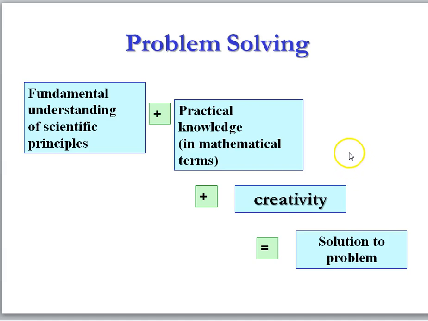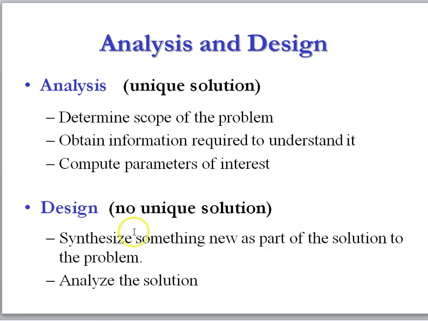If we know what we want to create, we know the science behind it, we know the circuit theories, then we can use some creativity to design models. So the difference between analysis and design, although this is an analysis course, we will do some simple design work as well. But analysis, the great part about it is it has a unique solution.